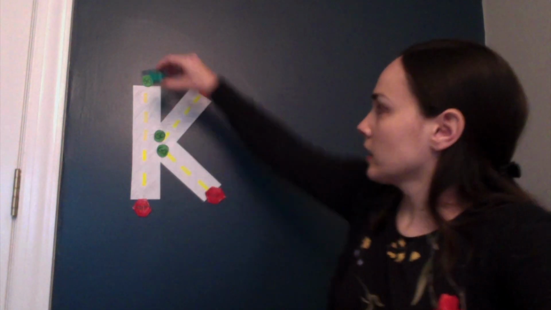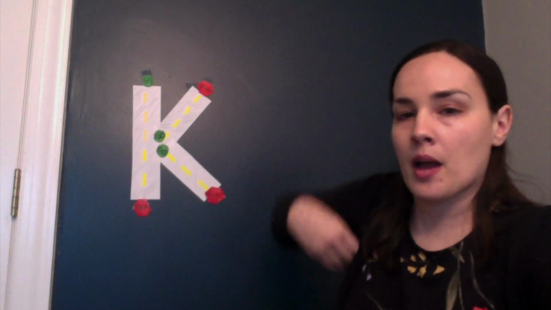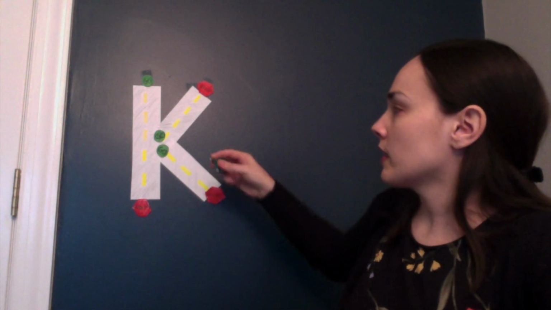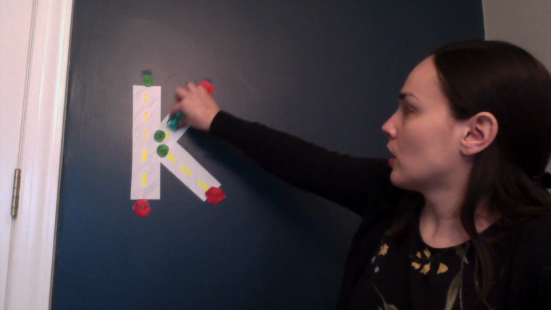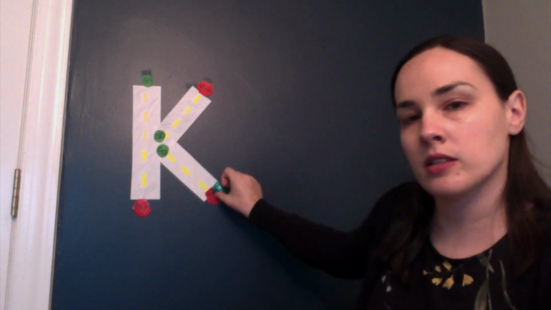From here, your child can use their car to start here and go, then stop and pick up their car. Go to the next go sign, go and stop, and again, go and stop.